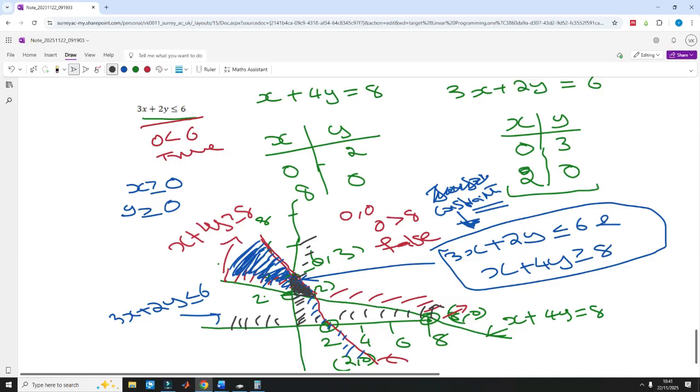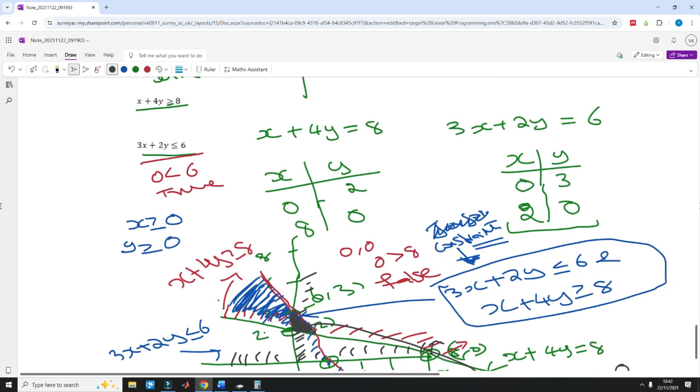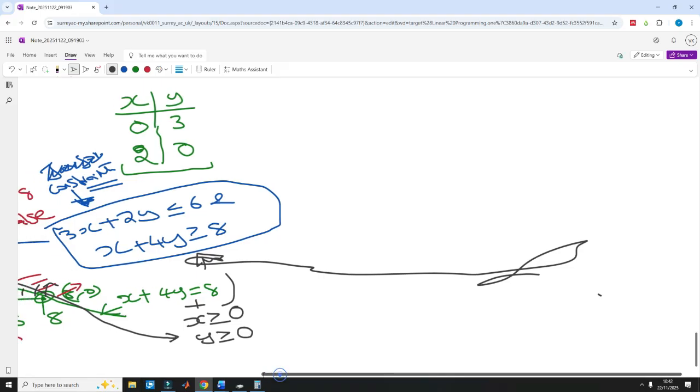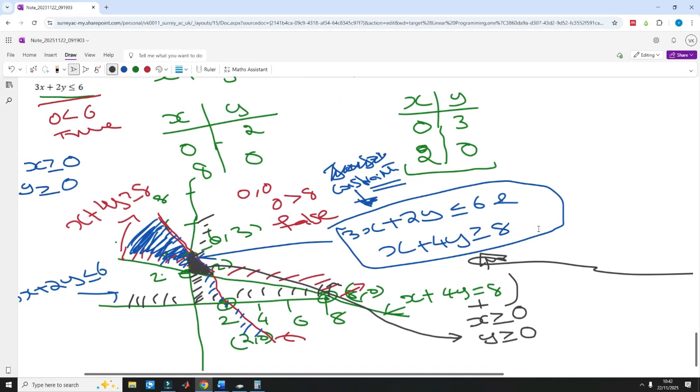So this black region also meets the conditions x greater than or equal to 0 and y greater than or equal to 0, plus it also meets these two conditions: 3x plus 2y less than or equal to 6 and x plus 4y greater than or equal to 8.